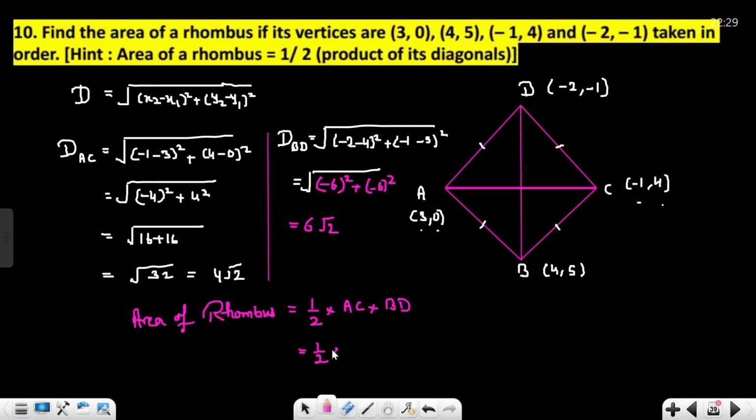So 1 by 2, AC diagonal is 4 root 2 and BD diagonal length is 6 root 2 units. So 2 cancels out, 4, 8, 2. Look here, root 2 multiplied with root 2, we get 2, and into 6. The answer is 2 twos are 4, 4 sixes are 24 square units. And solved.